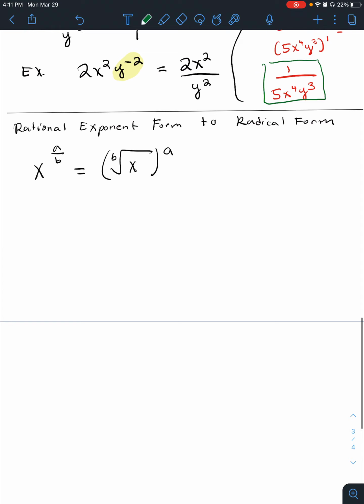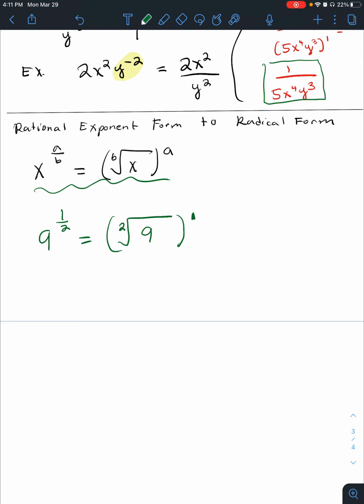The next part is when we have a rational exponent. I think the best way to introduce this is using this example, 9 to the power of a half. 9 to the power of a half means that I'm going to copy this notation here. My base is 9, my root is 2, and my power is 1.